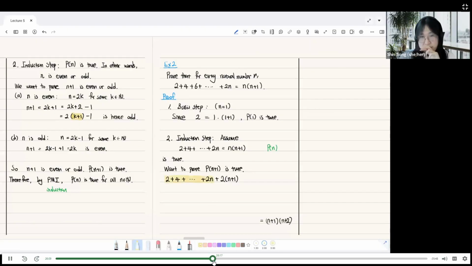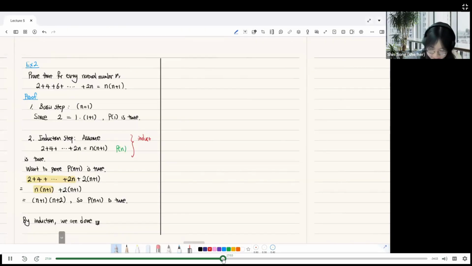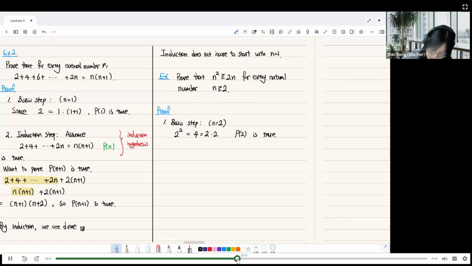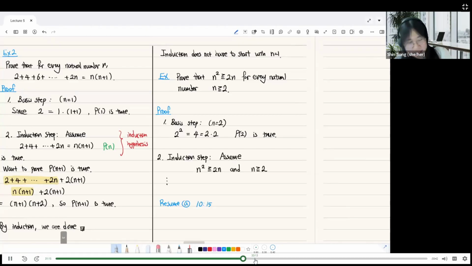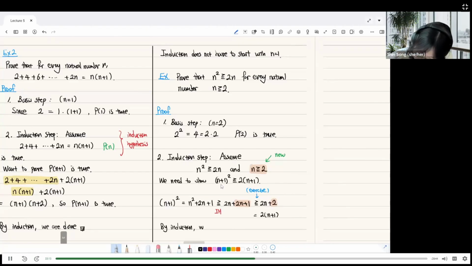So I want to call it the induction hypothesis. And for the induction step, if you look at it, done. I'm just skipping through, you know: inductive hypothesis, base case, inductive step.